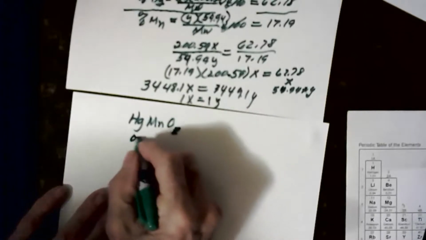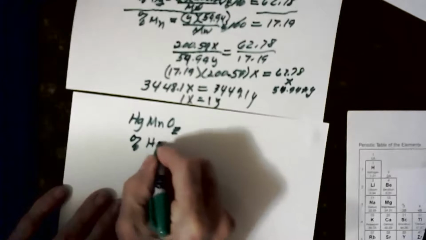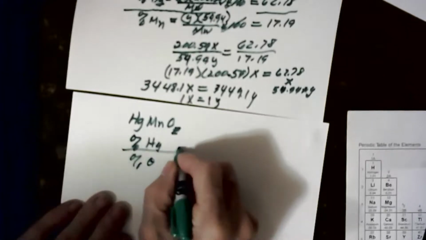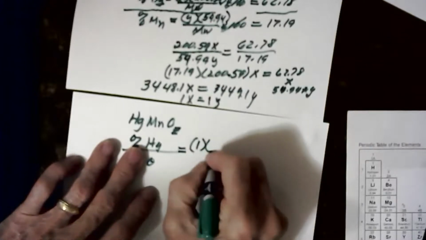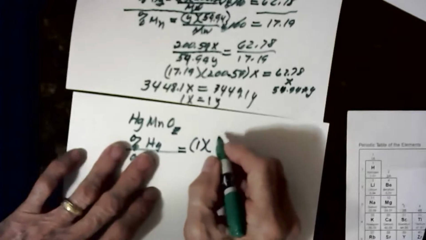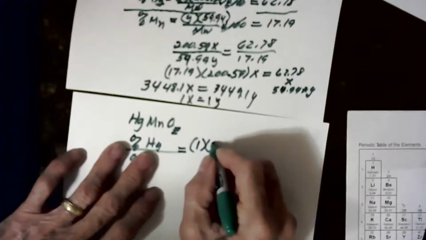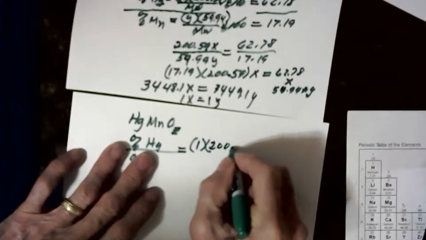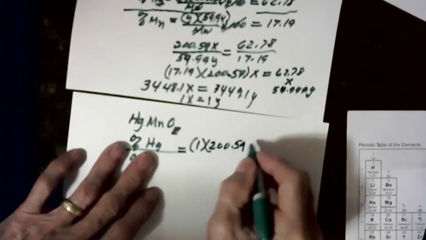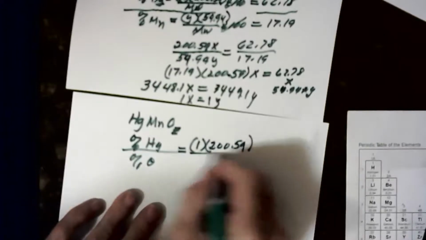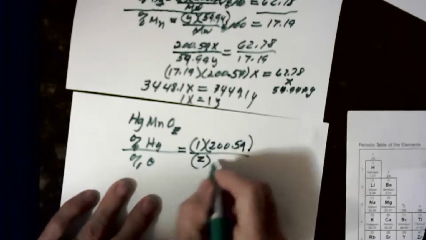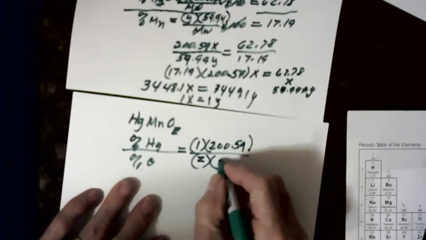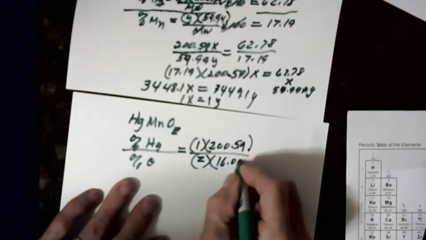If I ratio the percent of mercury to the percent of oxygen, what I've got is 1 mercury, and the atomic weight of mercury is 200.59. And the number of oxygens, I have Z for that, and the atomic weight of oxygen is 16.00.